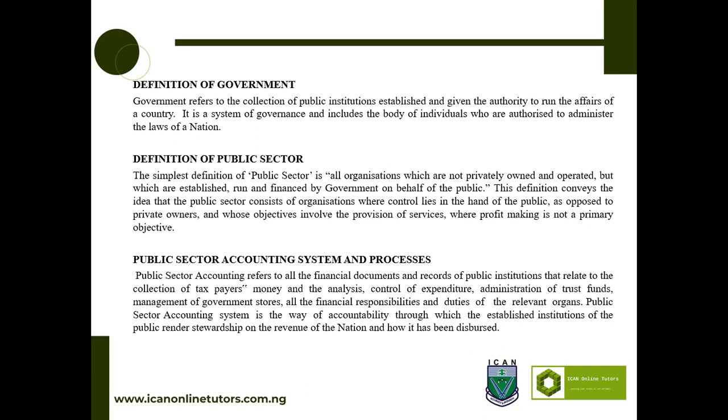From the definition of government and public sector, we can arrive at the definition of public sector accounting. Now, our basic knowledge of the definition of accounting, we made known that accounting can be defined as a system of recording, classifying, summarizing, and giving reports, interpreting financial records to the general public to make vital or timely decisions.